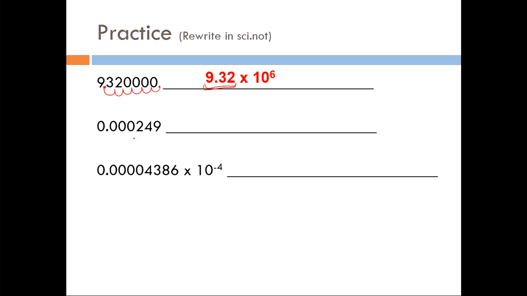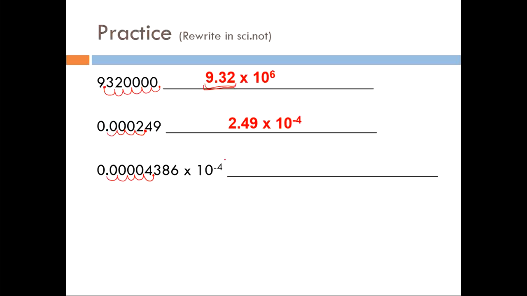Okay? What about the next one? The decimal is already there, so we want to now move it over to the right. 1, 2, 3, 4. So we have 2.49 times 10 to the -4, right? How about the next one? It's already in scientific notation. However, we want to put it in the correct scientific notation form. So 1, 2, 3, 4, 5 times.